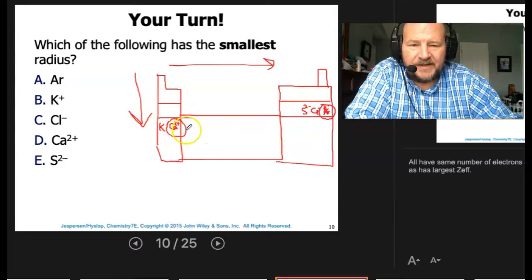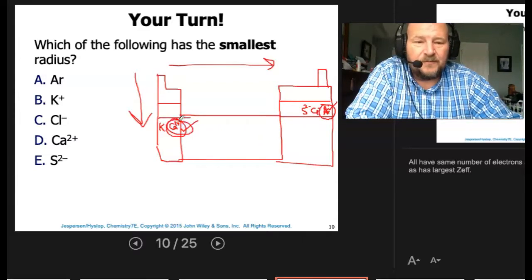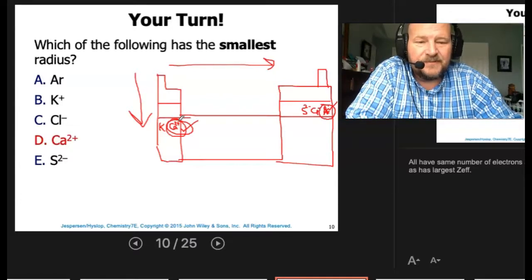So even though I've added a shell, I'm only one in, but I'm going to take both of those electrons away. So the effective nuclear charge would be greater here than it is here. But I have fewer electrons to tend to over here. So I believe the answer is going to be D, calcium 2 plus.